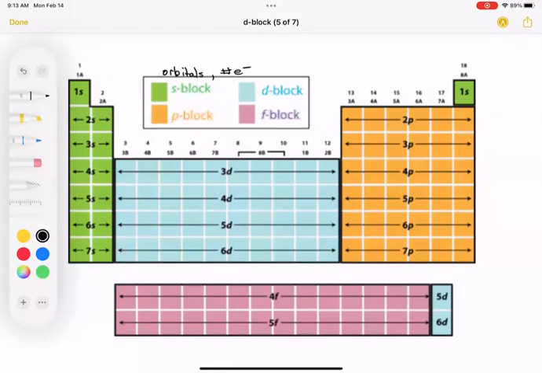Remember, your orbitals is m sub L. And there are 2 electrons per orbital.